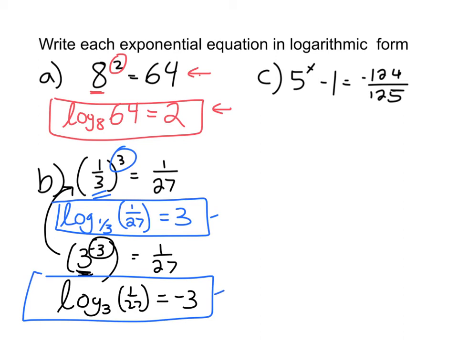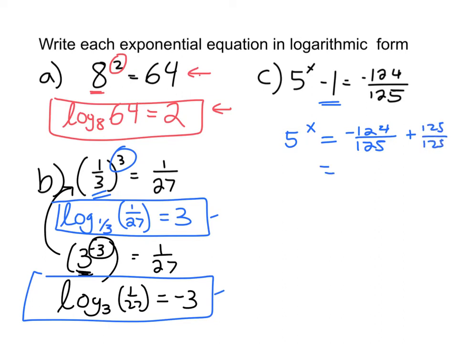So before we can put this in log form, I'm going to need to get it into a format where it's like an exponential, like 5 to the x equals something, right? So I need to add 1 to both sides. So I'm going to go ahead and start by doing that so I can get 5 to the x by itself. 124 over 125. If I add 1, that's basically the same thing as adding 125 over 125.